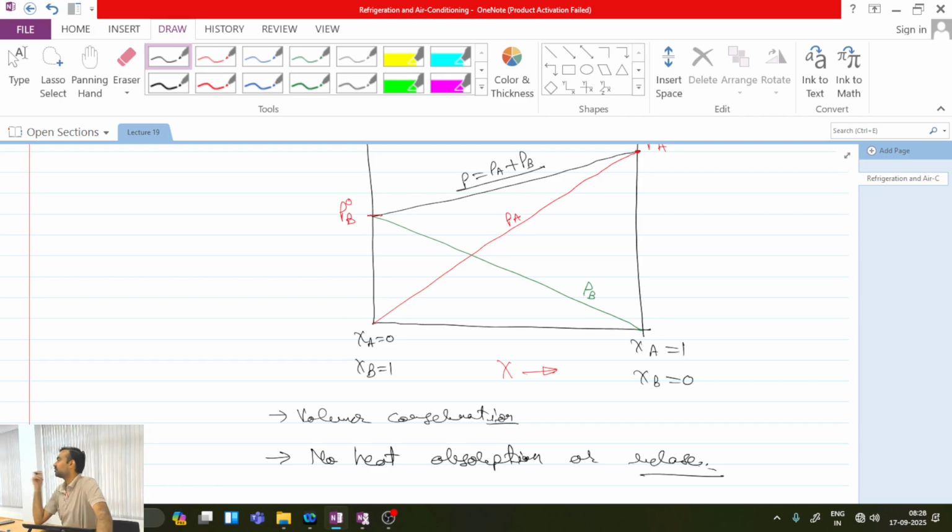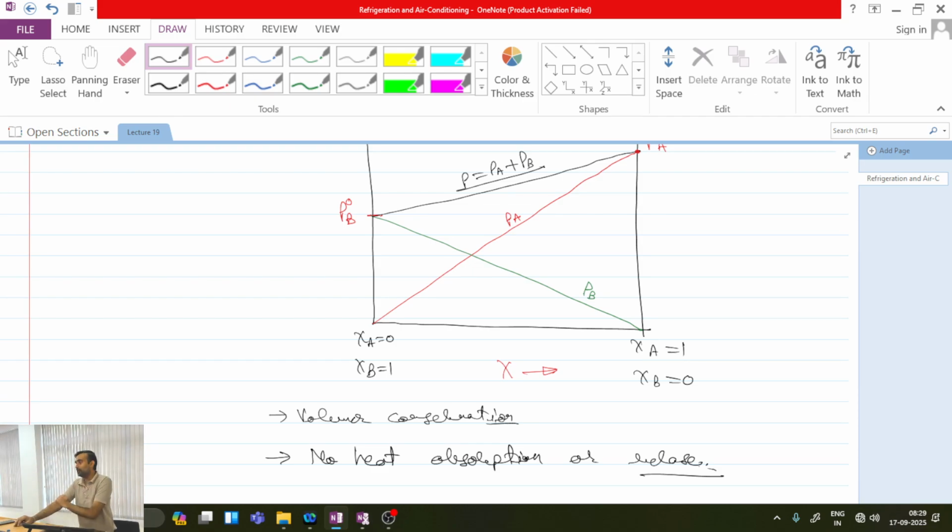They spontaneously form the mixture. Okay, so the liquids which follow all these three conditions, Raoult's law, volume conservation, and no heat absorption or release, are called ideal mixtures.